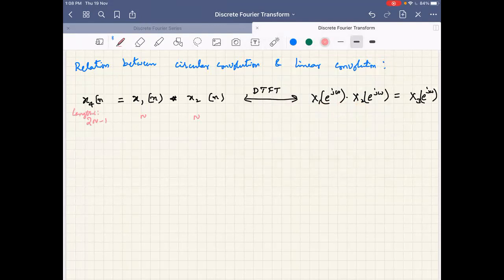And anyway, these are all defined over 0 to 2 pi, continuous.